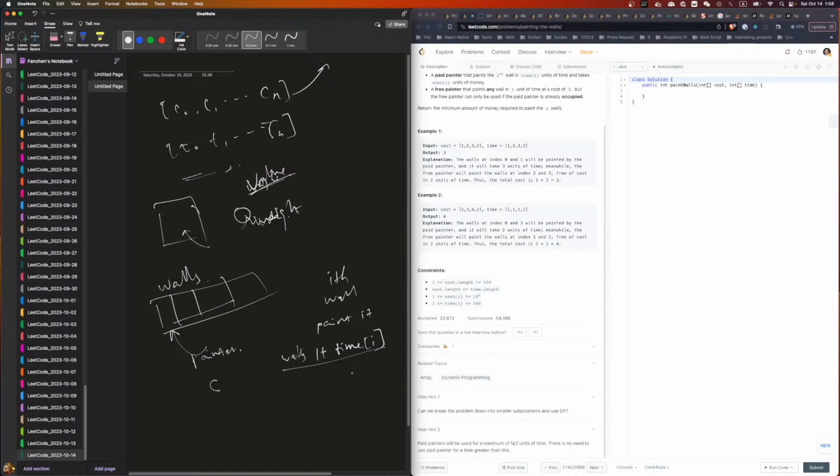Then we have the number of walls remaining, right? Yeah, if the DP is when I paint the ith wall with the number of walls remaining, what's the smallest cost I'll do?